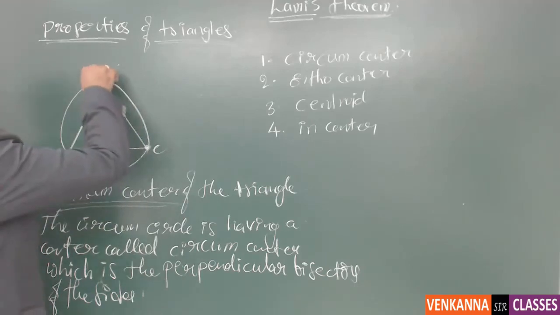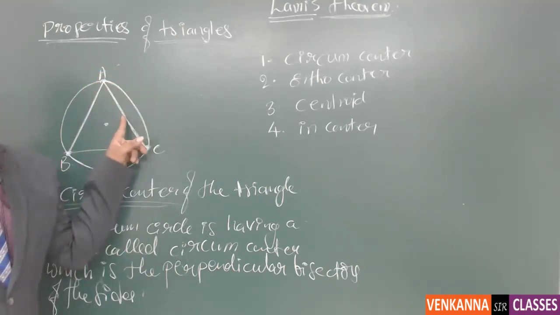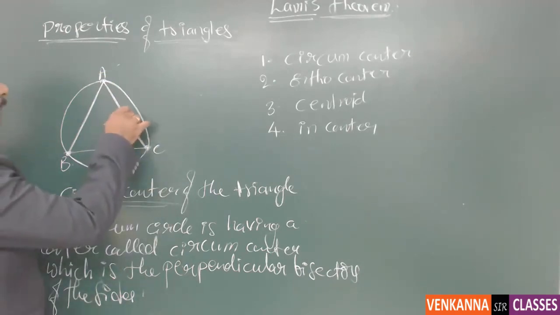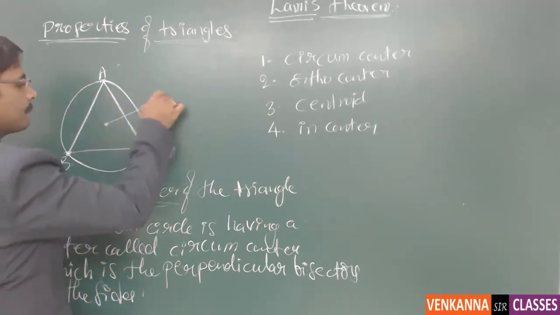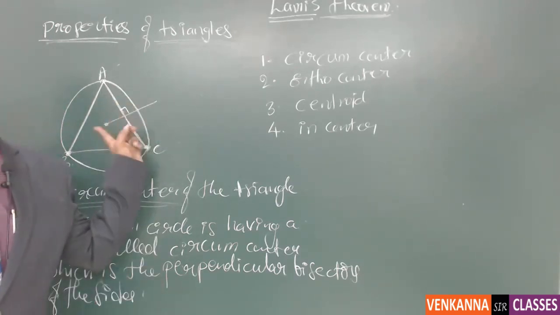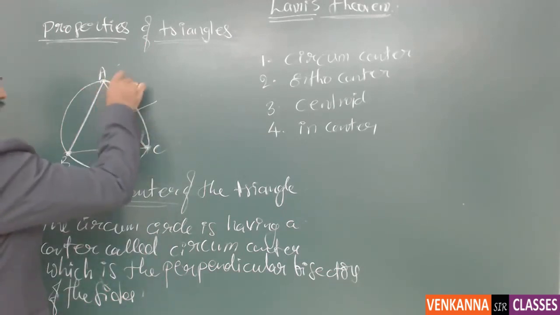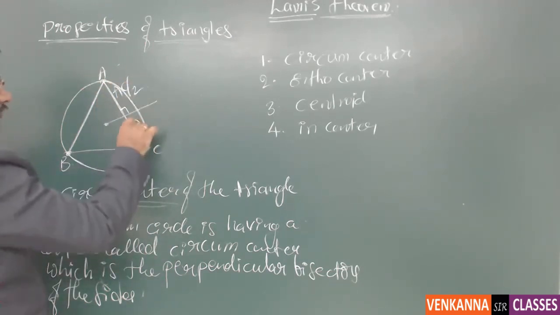That means for this particular side, identify the midpoint and then draw a perpendicular at the midpoint. This is how you need to draw. Here this is at the middle, and at the same time this line is at 90 degrees. So this is AC by 2 and this is also AC by 2.